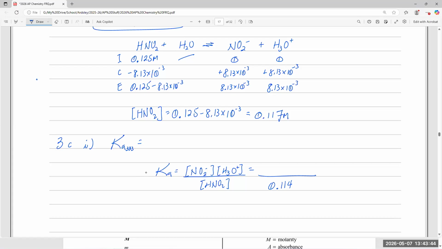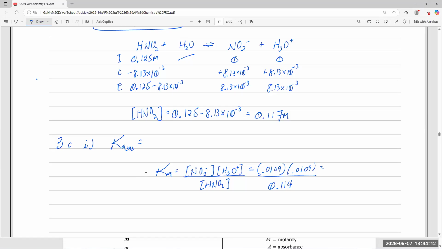So both are going to be 0.0109. To solve for this, what do we got? It is 0.0109 squared divided by 0.114.